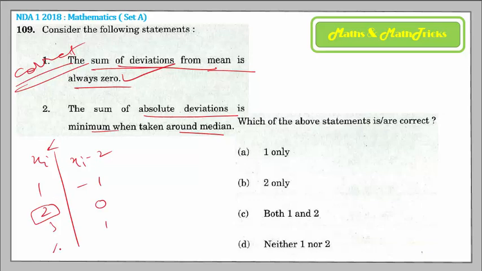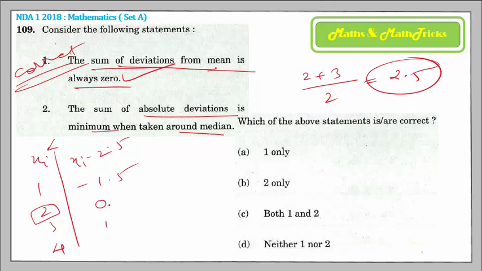But when you have other observations, suppose you now take 4, then the median becomes the average of 2 and 3, which is 5 by 2, that is 2.5. Now when you take 2.5 and calculate the deviations: 1 minus 2.5 is minus 1.5, 2 minus 2.5 is minus 0.5, 3 minus 2.5 is 0.5, and then 1.5.